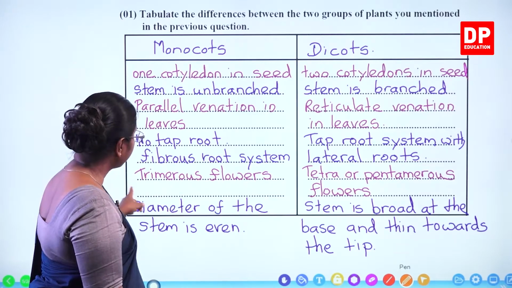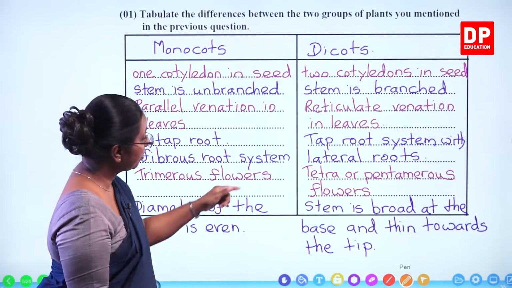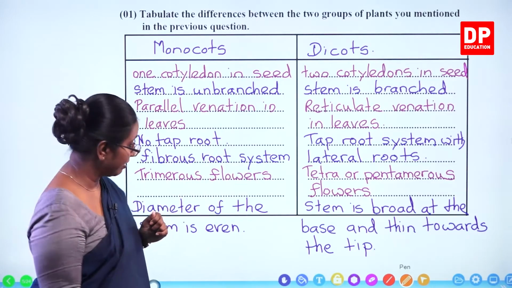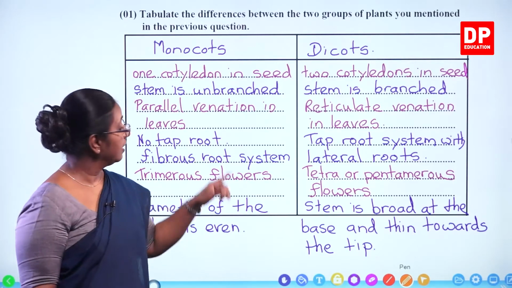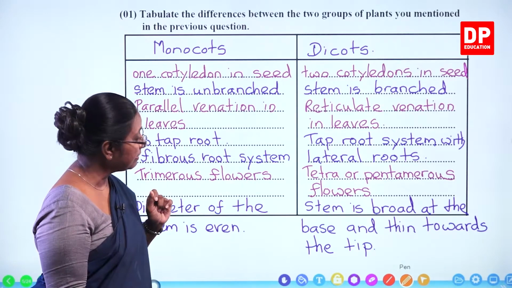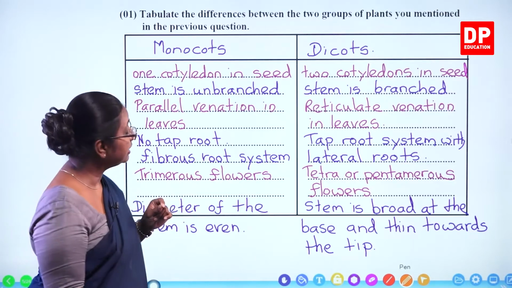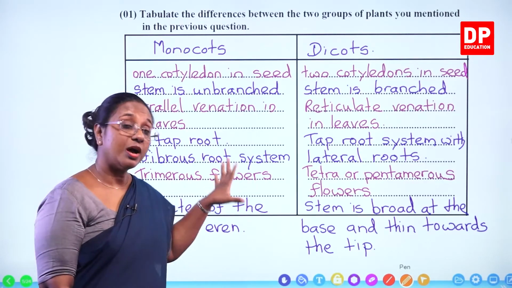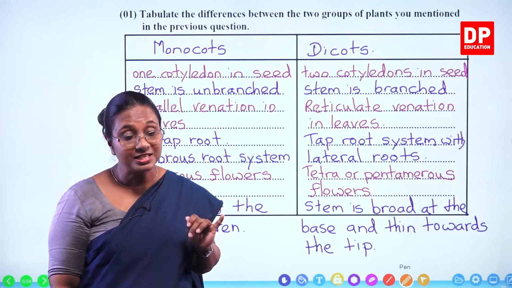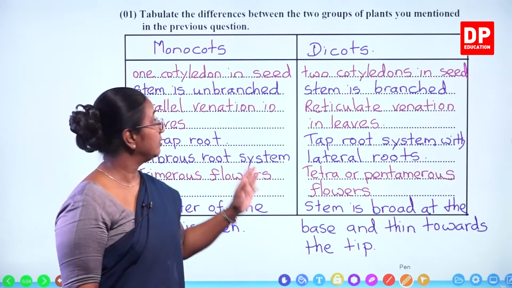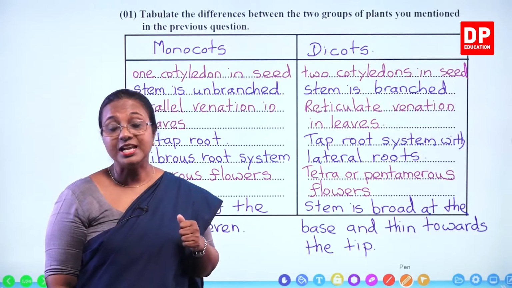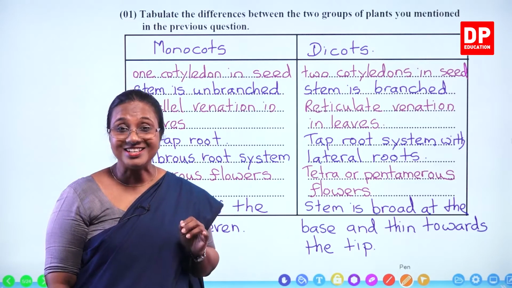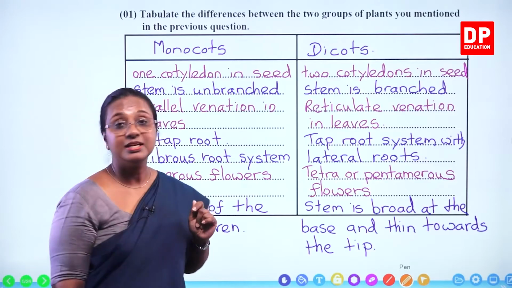Monocots have trimerous flowers, whereas dicots have tetra or pentamerous flowers. The diameter of the stem is even in monocots, but the stem is broad at the base and thin towards the tip in dicots. I am sure you all are familiar with all these differences, students. So with that, students, I will move on to the next question.